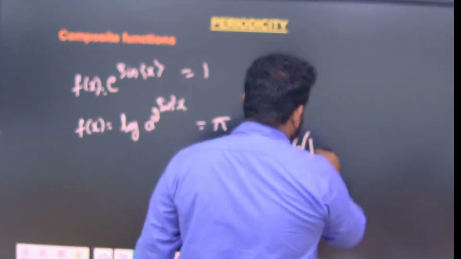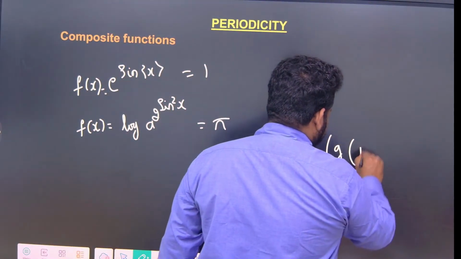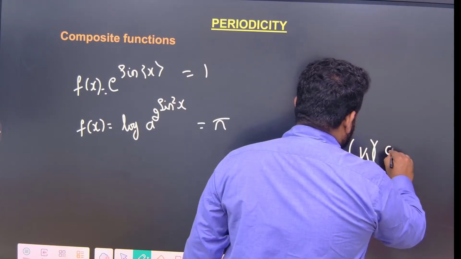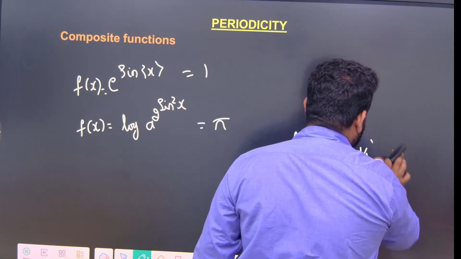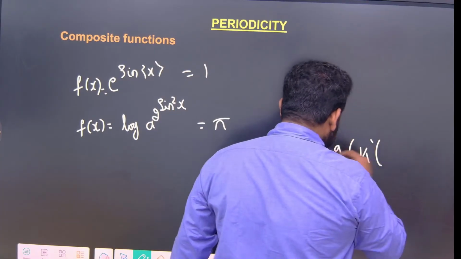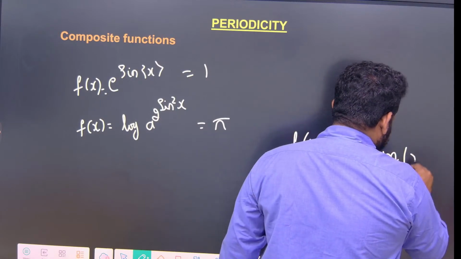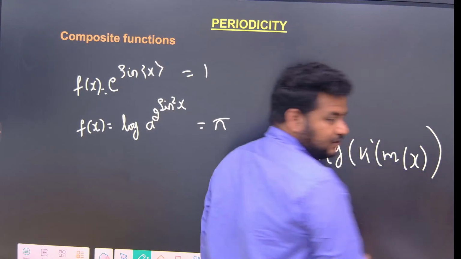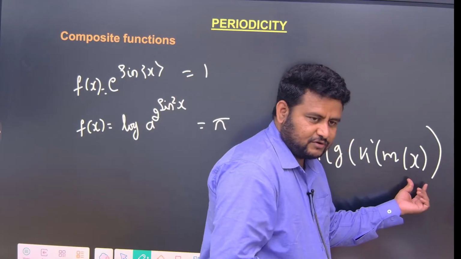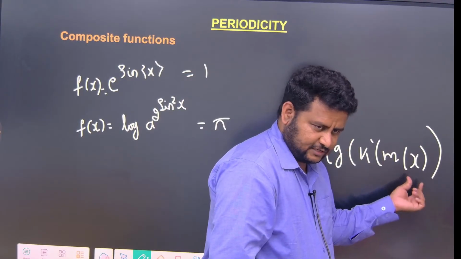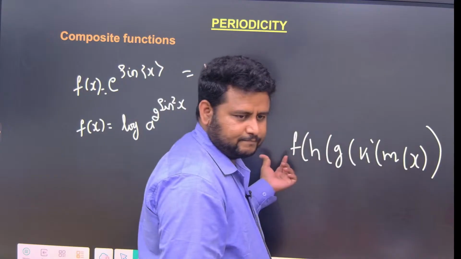Okay, suppose here f of h of g of k of m of x. This is the function. What you are writing as x value, for this, what is the period? That will be the period.